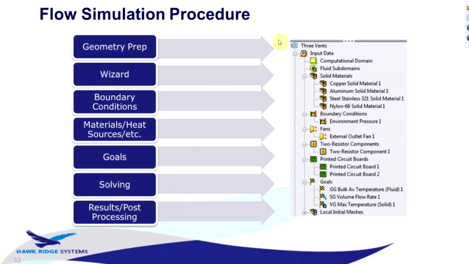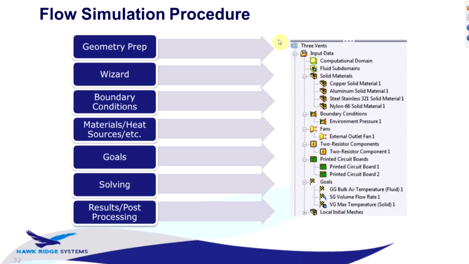So the general procedure of flow simulation, at least conceptually, is pretty similar to a stress analysis. We're going to still take the geometry we have from SOLIDWORKS, pretty much any model we want, whether it was built in SOLIDWORKS or even imported. The only real difference is that most of the time for flow simulation, you're going to start the analysis with a wizard interface, which will take you through most of the basic setup steps that you need.